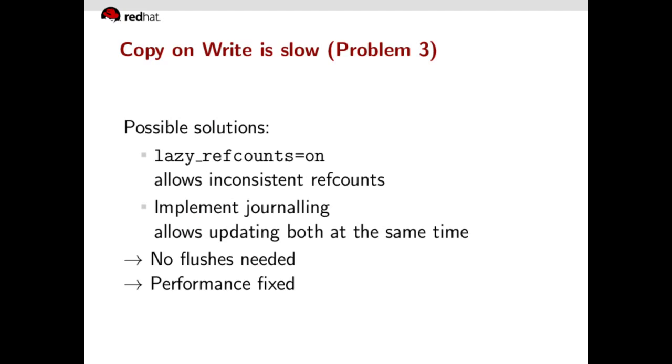Right, so what are the solutions for this? We have two different solutions that we can use. The first one is lazy refcounts, which is an option that has been implemented for quite a while now. If you use lazy refcounts, we set a dirty flag in the image file, which basically tells that the refcounts are not accurate.